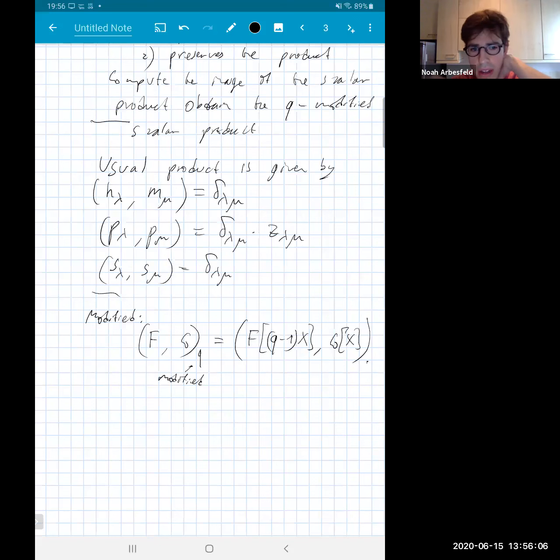This Z here for the pairing with the P's, that's this arm and leg business. This Z is the size of the centralizer of the corresponding permutations.